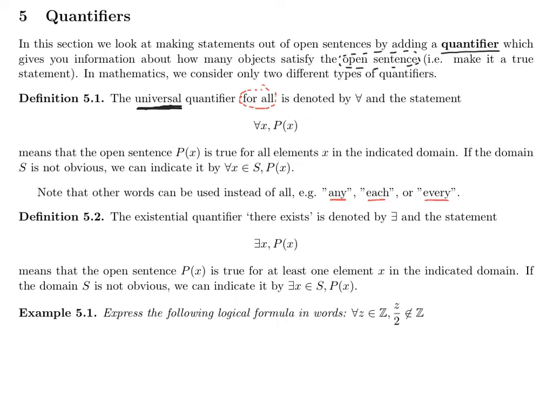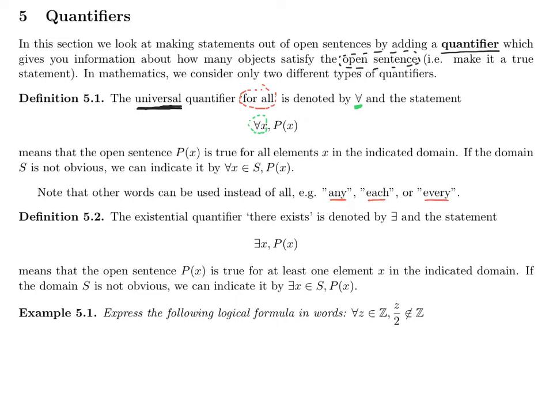In logical formulas, we usually use this upside down capital A to denote for all. So here's an example: for all x, we have this open sentence, p of x.